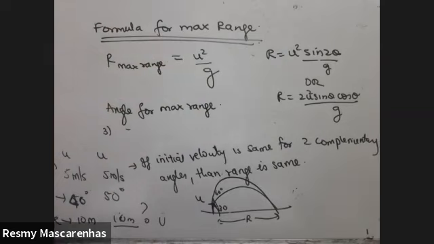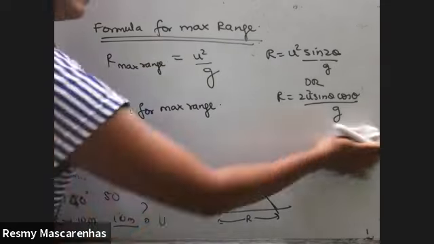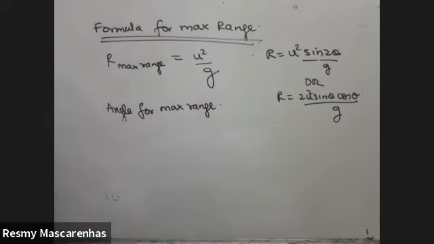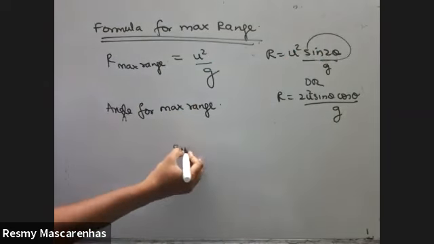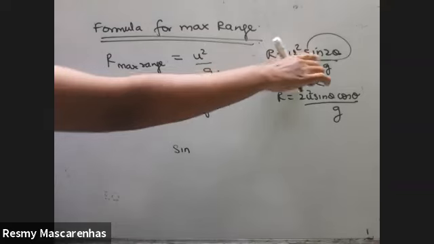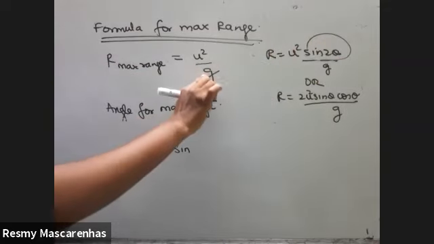Like for javelin throw and all, if you want to throw and you want the javelin to fall at the maximum range, cover maximum distance, then what angle should I throw at? We will calculate. So for that, this value should be equal to 1, because only when this is 1, I'll get u square upon g.